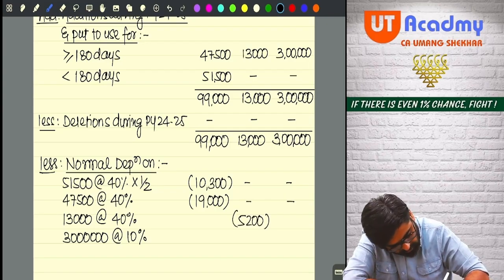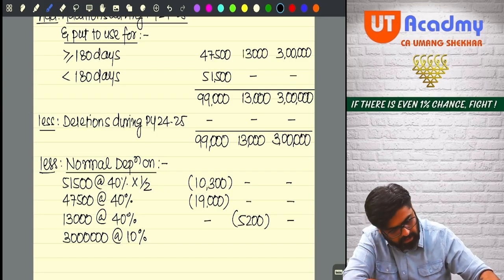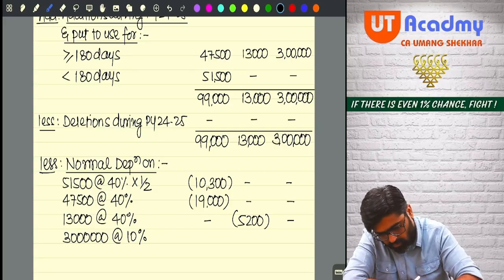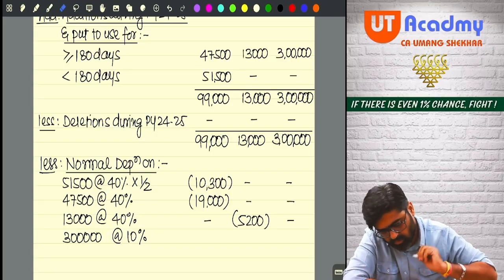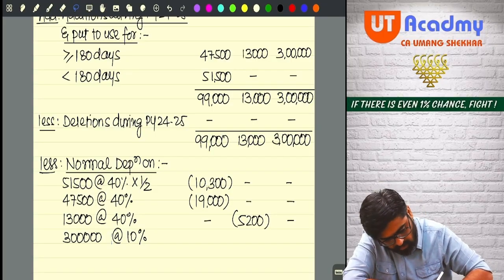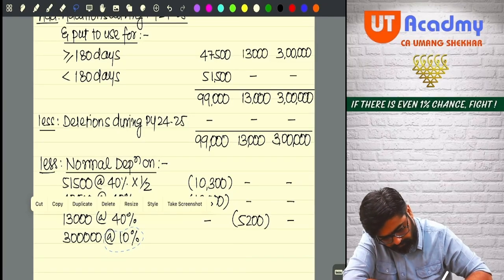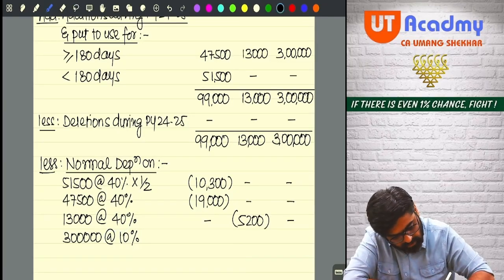And on 3 lakh it is 10%. Oh, how many zeros I have put? I had put one extra zero. Here it will be 30,000.